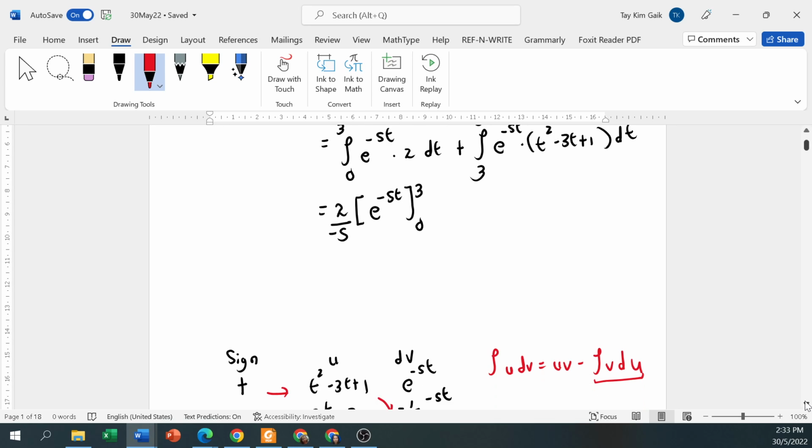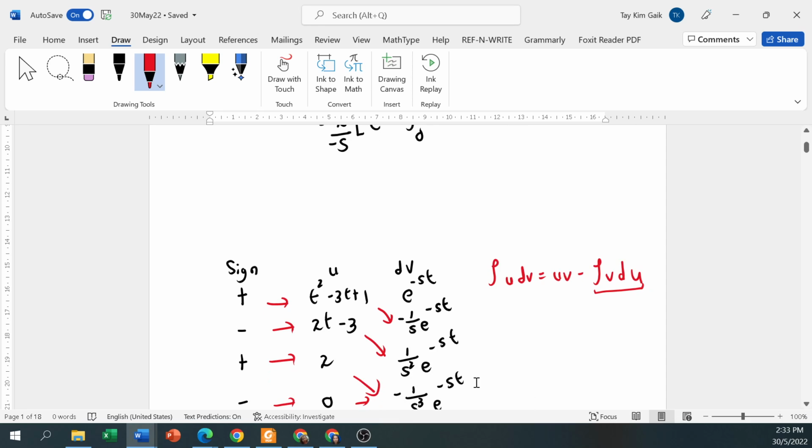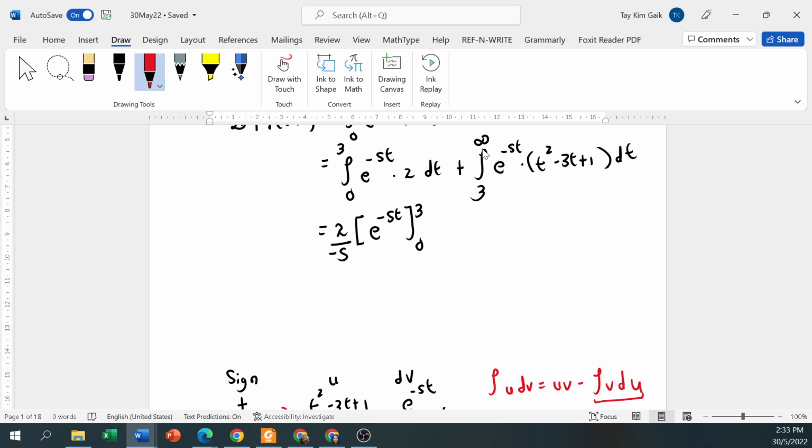To copy it is not difficult. I prefer to factor out negative 1 over s e to the negative st.